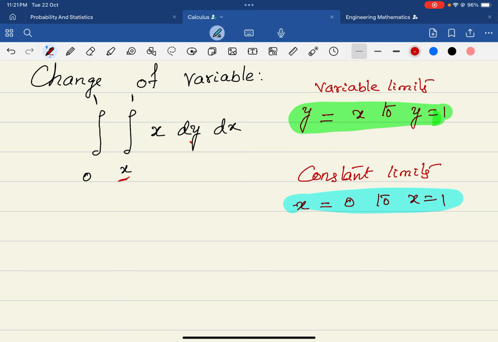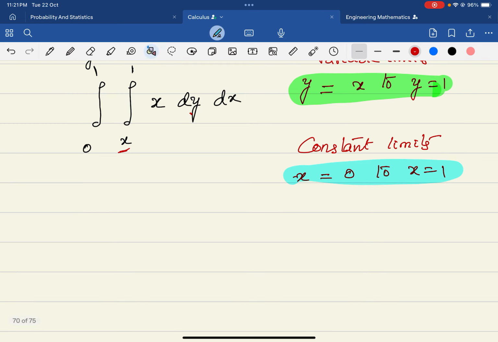Now our job is to understand this particular region first of all. So for drawing this, what we do, we draw the lines y is equal to x, y is equal to 1, and x equal to 0, x equal to 1. Now there are few important points to understand the graph.